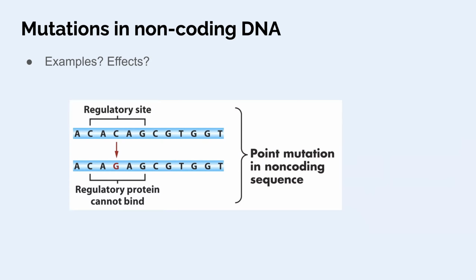In this case, say this is a recognition site for a transcription factor or something like that. It could be very important to have this change. So we talked earlier about mutations. What's the effect of a mutation? It always depends. If it happens to be a piece of DNA that's important for a process, then changing it will have a major effect on that process.